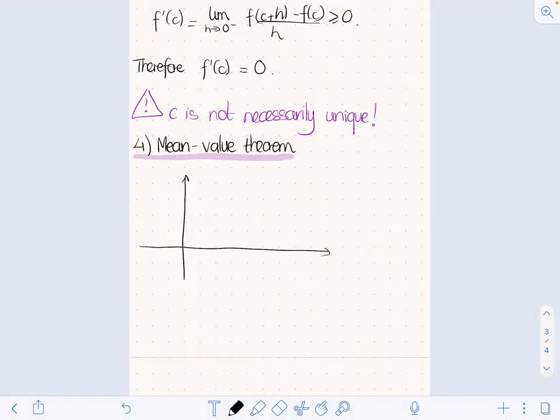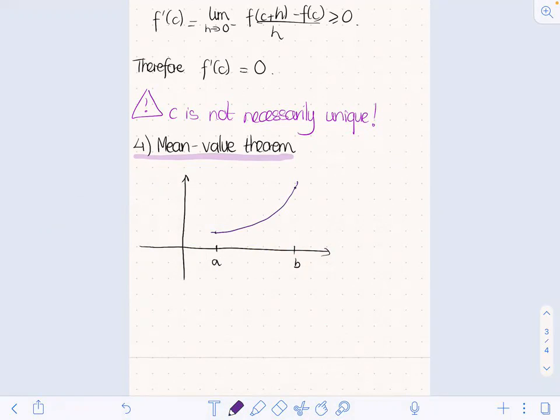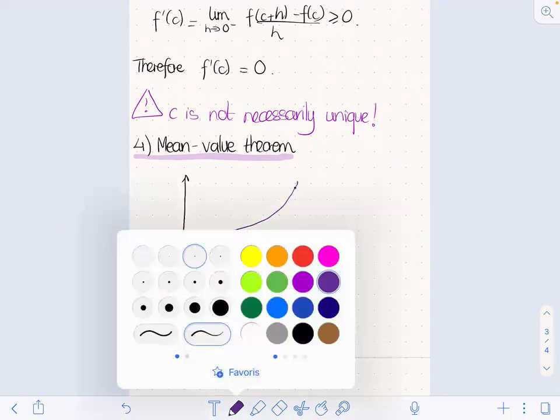If we take some function that maps between A and B, we're going to take a function on an interval. We're going to take it continuous and differentiable, so it's got to be relatively smooth. I'm going to draw it in such a way as to make my life easier. So something like this. Quite a function that doesn't do much between A and B.